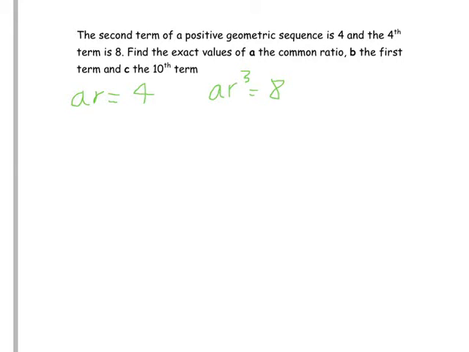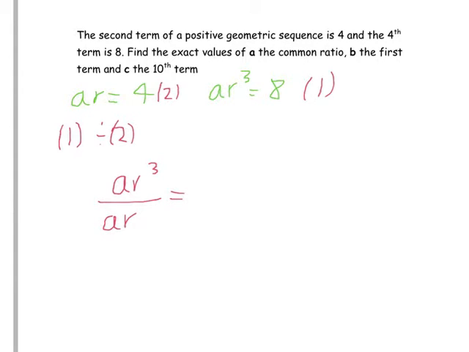What would happen if we were to do, let's say, this one divided by this one? So let's do 1 divided by 2. So ar cubed divided by a times r equals 8 divided by 4.